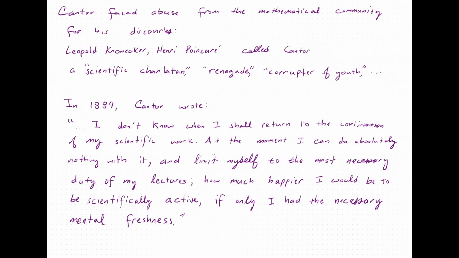And this was something that Cantor struggled with throughout his life, constantly facing attacks from the mathematics community, and his closest ally, Richard Dedekind, who also had worked on the notions of set theory on his own, was not publishing in this realm.